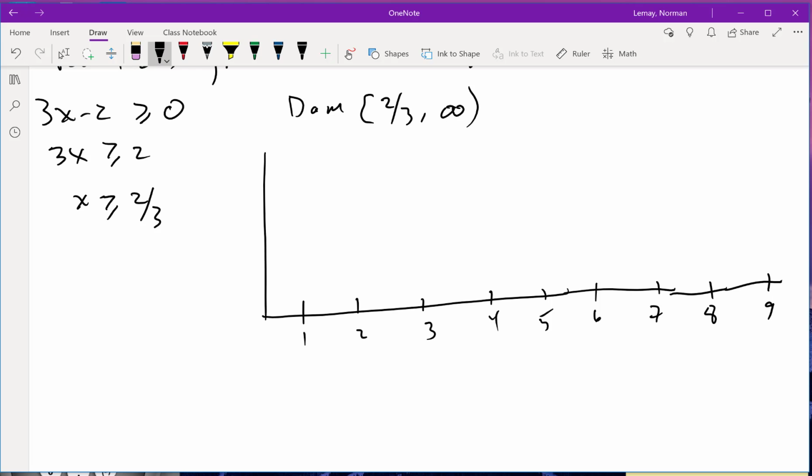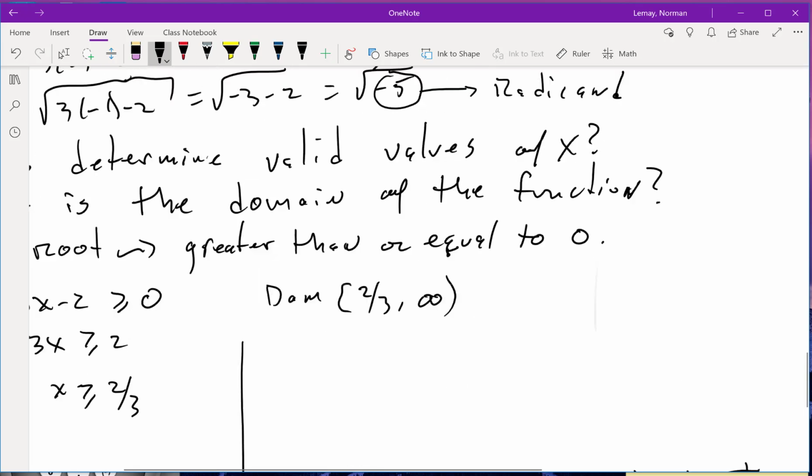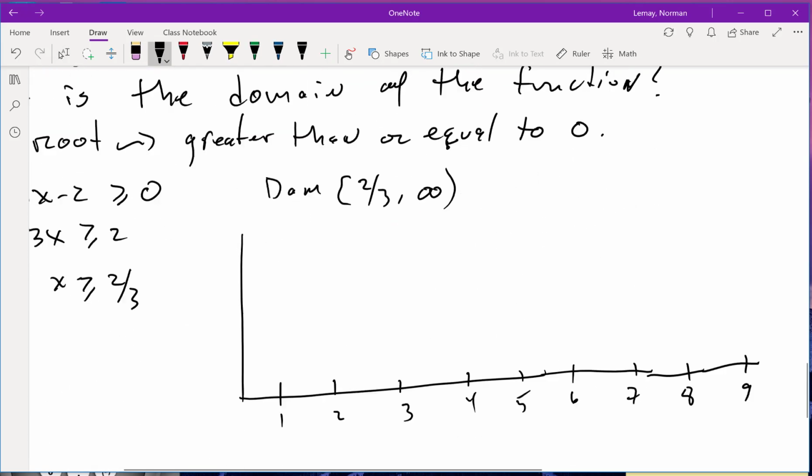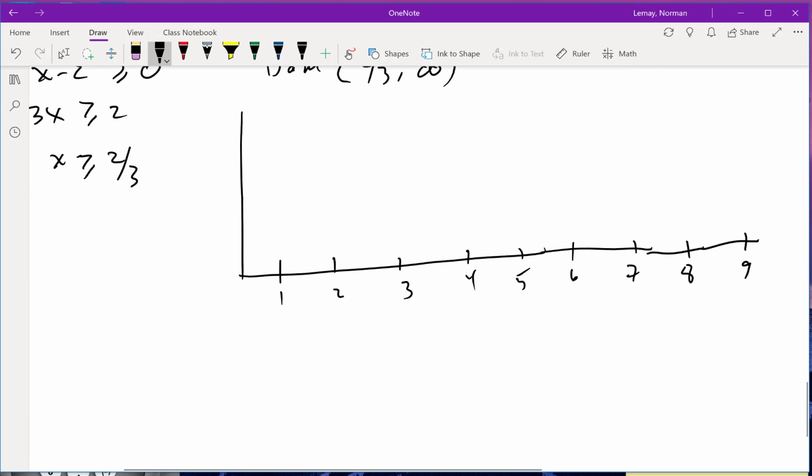And let's just note that f of 6 we said was equal to 4. So that's this guy right here. So let's just go 1, 2, 3, 4, 5. So f of 6 was equal to 4, and f of 9 was equal to 5. We know that f of 1 was equal to 1.